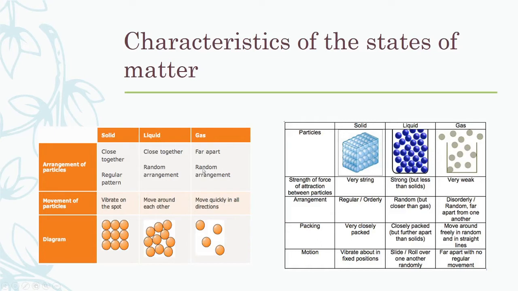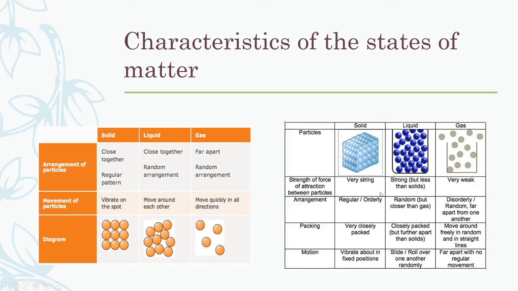Whereas in gases they move in all directions, because there is not such a dense amount of atoms present, so that's why they can move wherever they want. The strength of attraction is very strong in solids. It is strong in liquids but less than solids, and in gases, as we know, it's very weak.